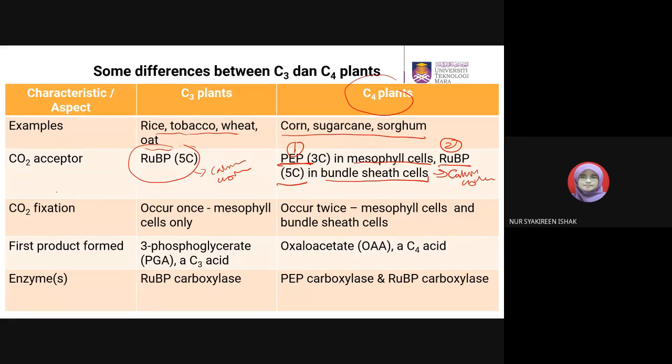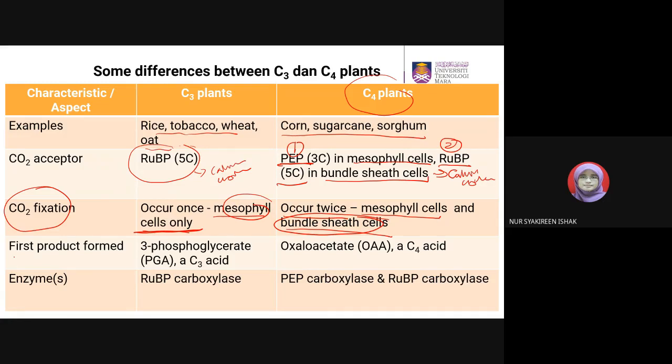For a C3 plant, carbon fixation occurs in the mesophyll cell only. It involves only one type of cell for the Calvin cycle to produce sugar. But for C4, carbon fixation occurs twice: first in the mesophyll cell, second in the bundle sheath cell. Remember, the bundle sheath cell is where the Calvin cycle occurs to produce sugar.